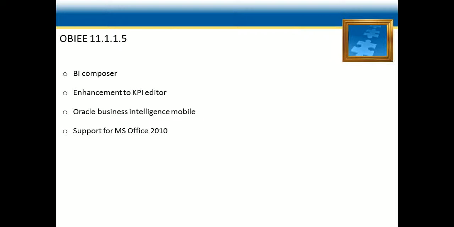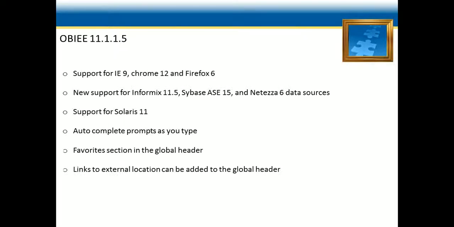In the version of 11.1.1.5, BI Composer, enhancement to the KPI editor, Oracle Business Intelligence mobile tool, and support for MS Office 2010 were the key features. In 11.1.1.6, support for Internet Explorer 9, Chrome 12 and Firefox 6 was there.